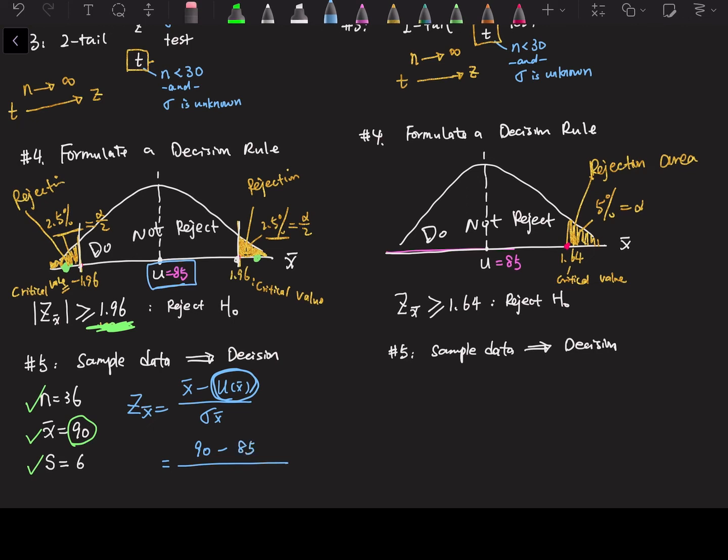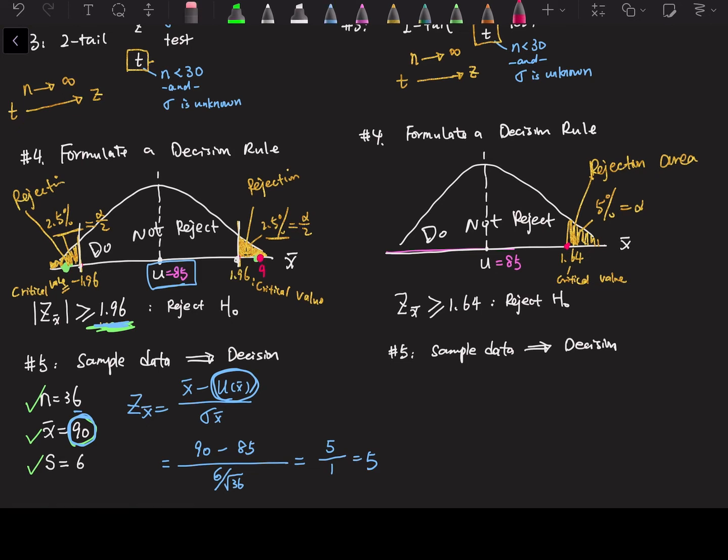And the standard error of x bar, for large samples, equals the sample standard deviation divided by the square root of n. So you solve this: 5 over 1 is 5. That means the sample mean 90 is 5 standard deviations above the mean, which is more extreme than 1.96 standard deviations above the mean.